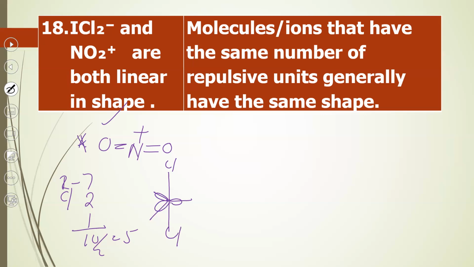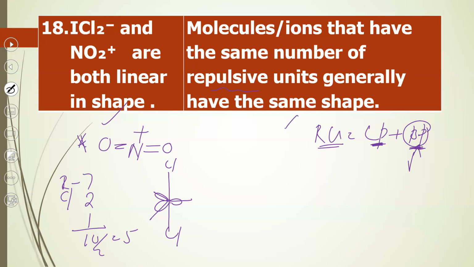Molecules that have the same number of repulsive units. What do you mean by repulsive unit? Repulsive units are lone pairs plus bonding pairs. That is what we call repulsive units. Same number of repulsive units generally have the same shape. Okay, only the bonding pairs decide the molecular shape, isn't it? You have to remember that, it is very clear.